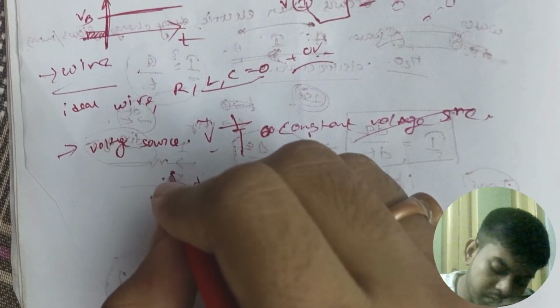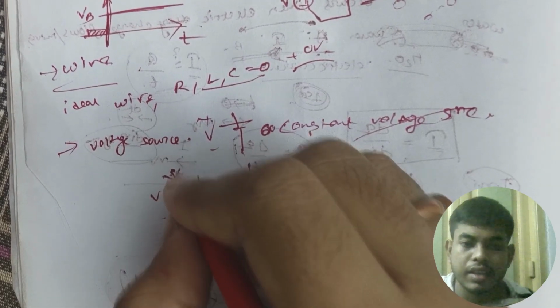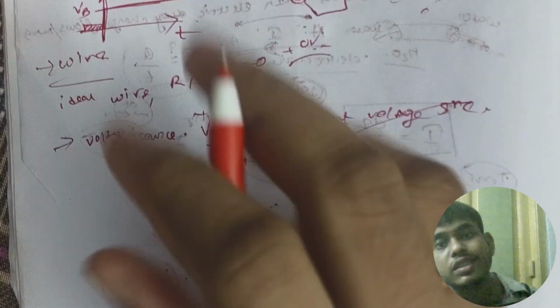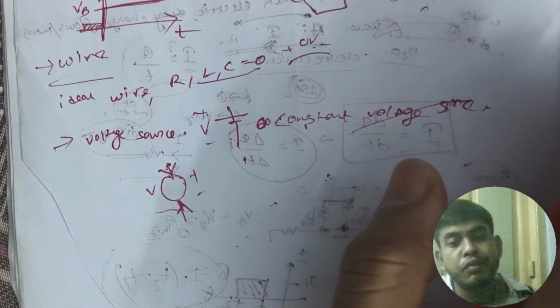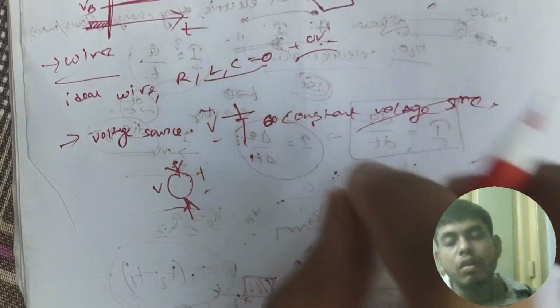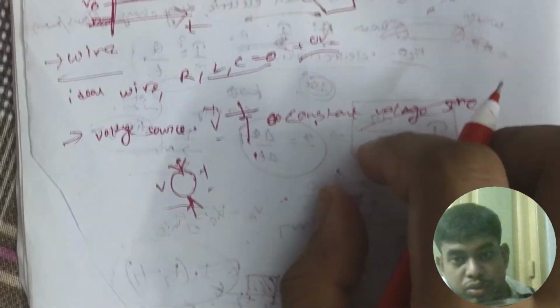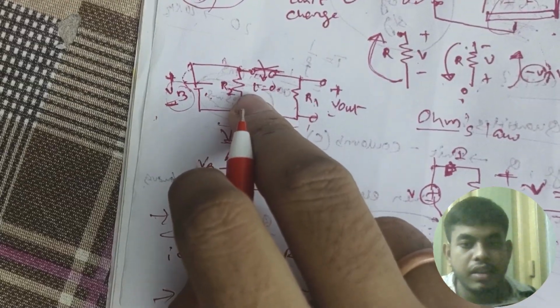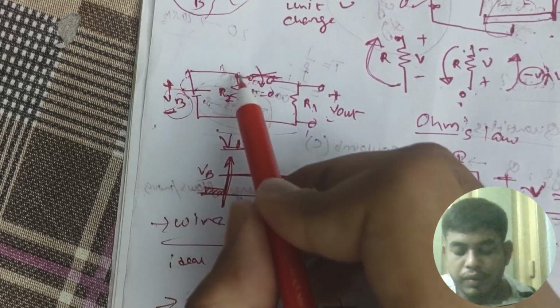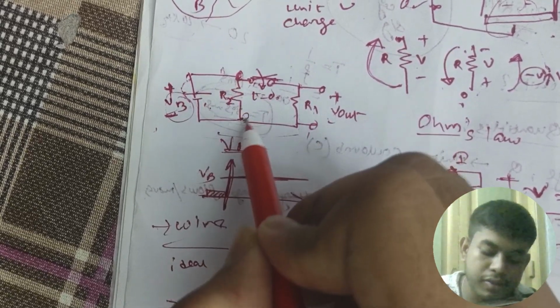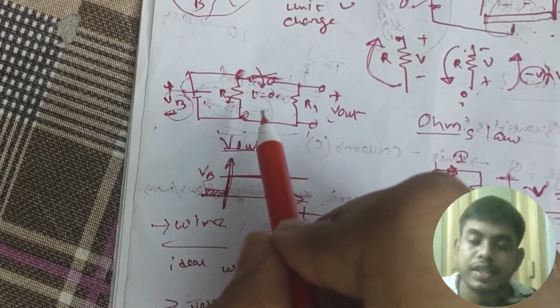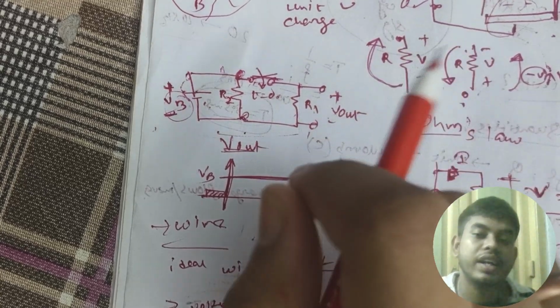Whatever current comes inside or goes out from the voltage source doesn't matter. The voltage source will always try to maintain the same voltage across it.